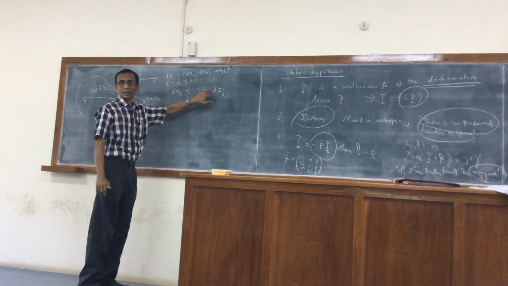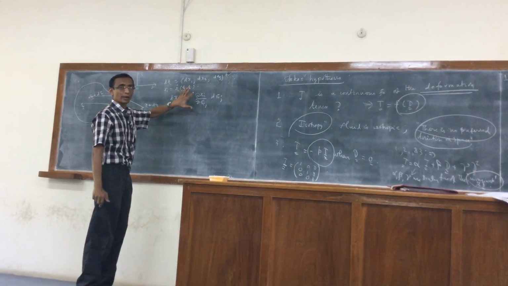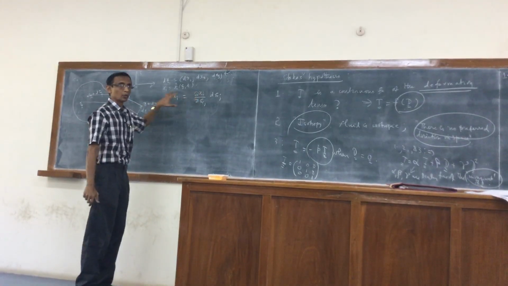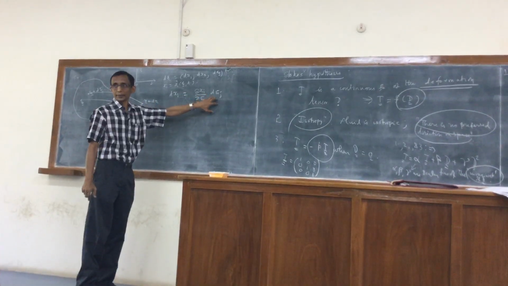It can be written like this: dxi by d psi. Of course, time is not coming in here, but we are only talking about how dxi is related to d psi. I can certainly write it like this.